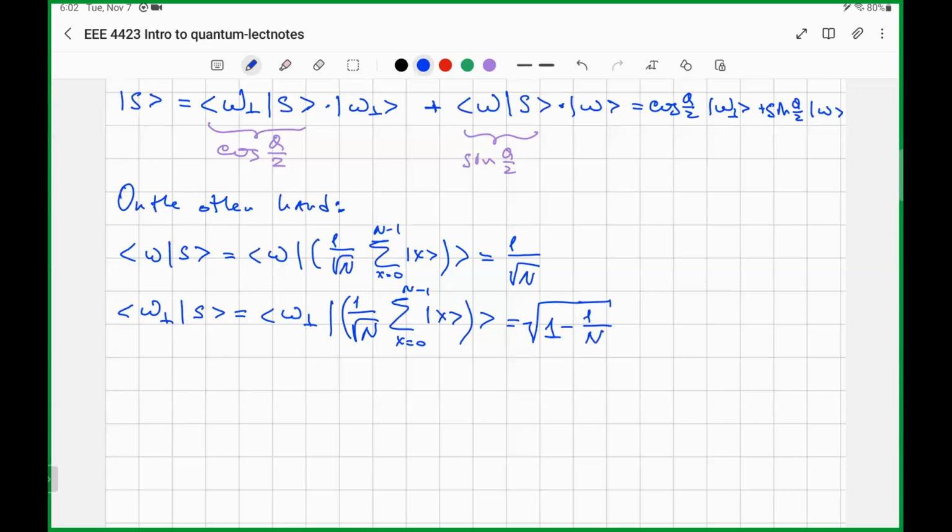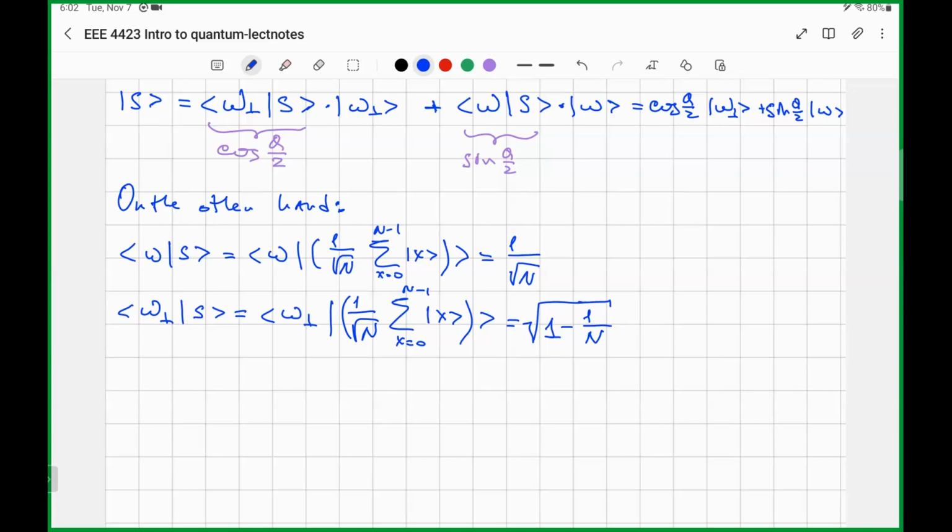Okay. So why? Because the product, for example, of S by S, the superposition of all vectors by the same, gives us 1, right?